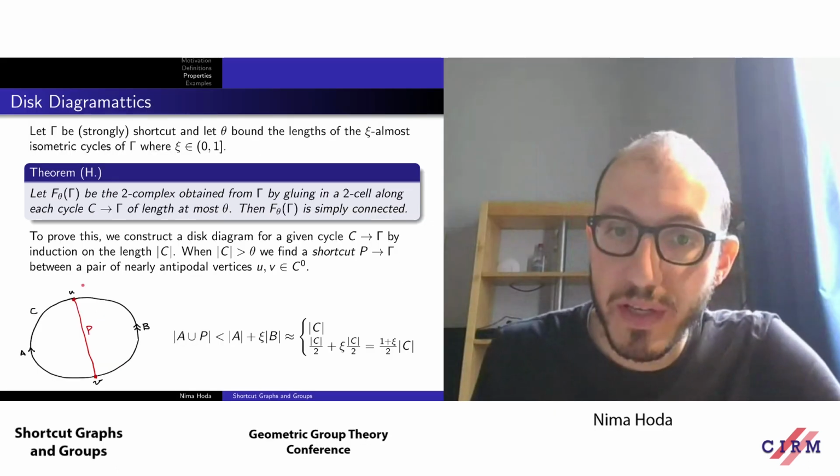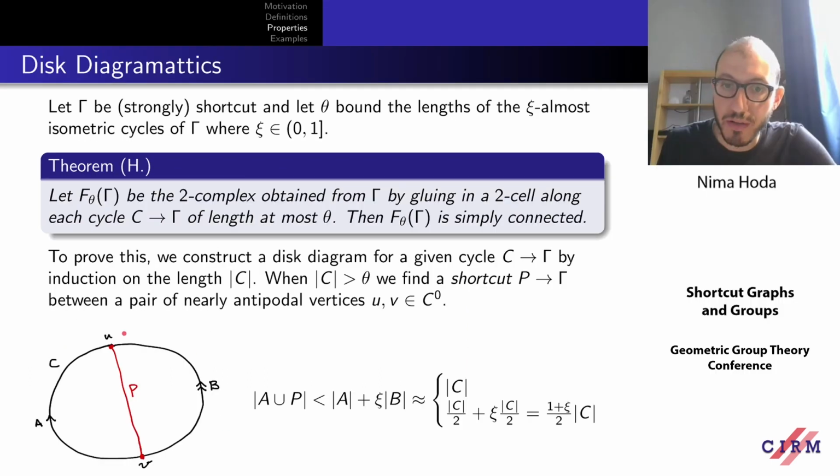Now these two points U and V separate our cycle C into two segments, call them A and B, and we're going to let P in gamma be a geodesic between U and V. Then this computation shows that the new cycles that we get here, A union P and B union P, are going to be strictly shorter than C. In the strongly shortcut case, they're going to be shorter by a constant factor.